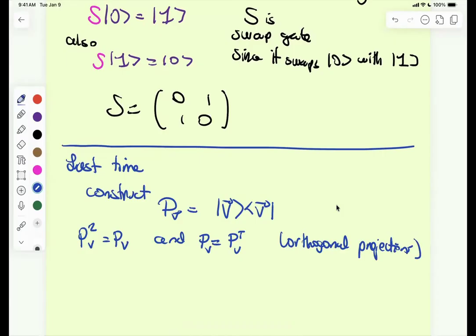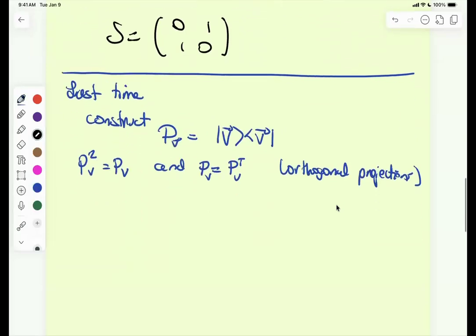Geometrically, what does it do to any vector? If you have any vector, it just projects it onto the line, and looks at the components along the direction defined by vector v.